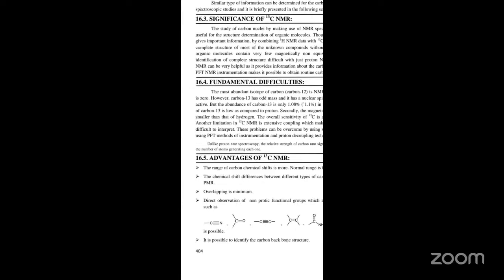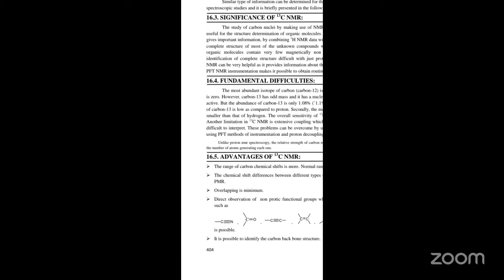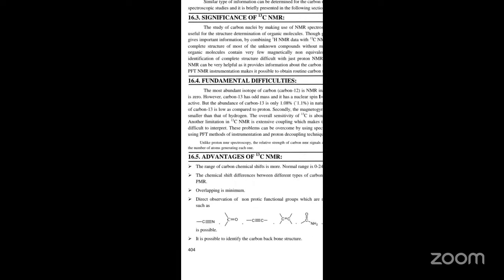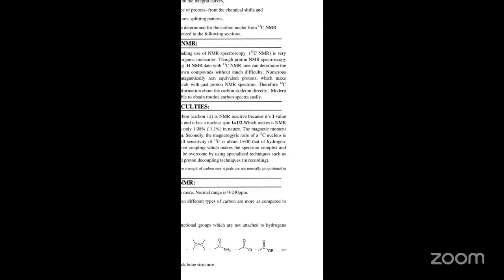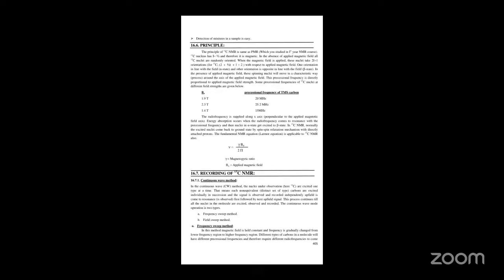Okay, so you can directly observe these particular non-protic functional groups here, and it is possible to identify the carbon backbone structure. So these are the advantages of your C13 spectra, and also you can detect the mixture in a sample, and it is very easy to detect that.